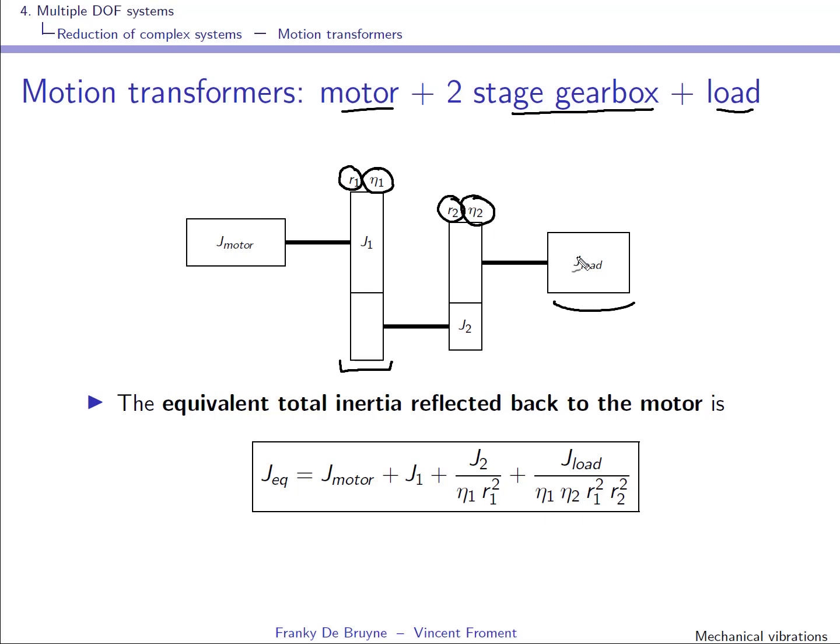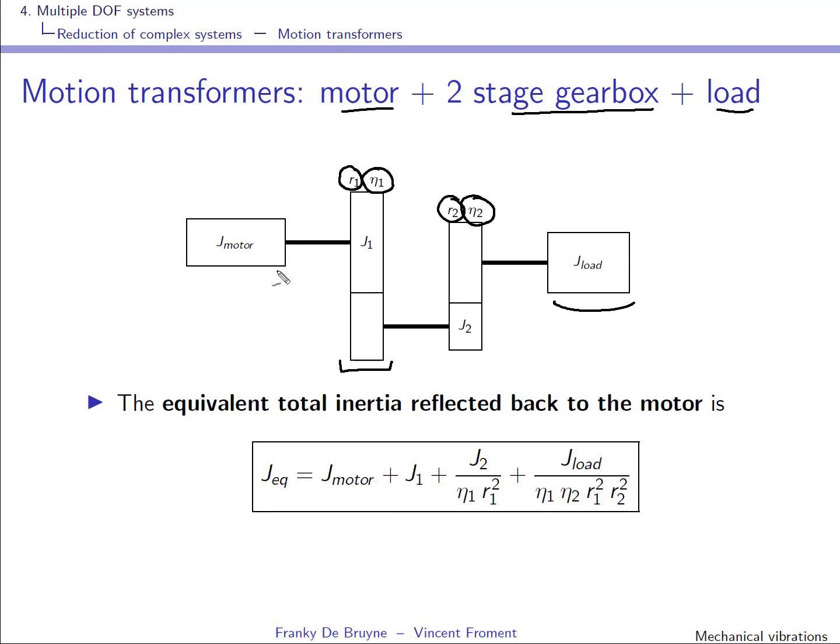The idea is that you would like to see what is the inertia looking on this axis, the inertia that is actually seen by the motor. So we have to reflect every inertia back to this axis.